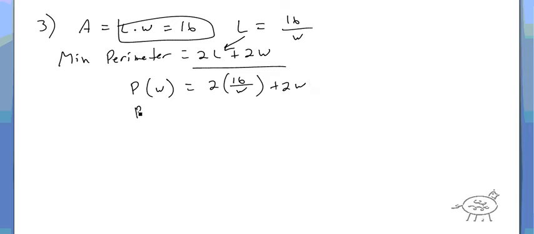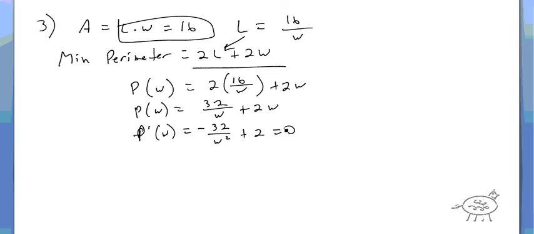All right, so I simplify that. P of W is equal to 32 over W plus 2W. And then I can take the derivative, so P prime of W is equal to negative 32 over W squared, just use the quotient rule, plus 2 equals 0.